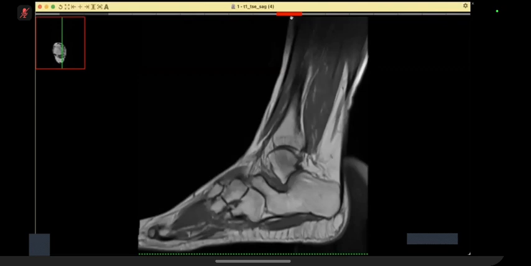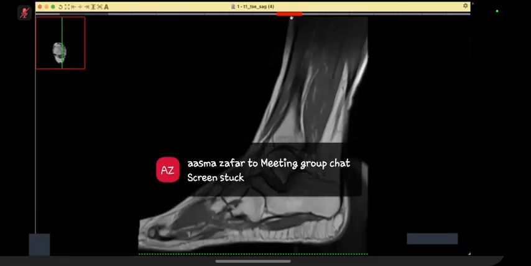Once you pick up talar beaking, you have to have a clear-cut concept of what kind of coalition will be visible on which view of plain films, and this is where they are going to start. So, key point is that for calcaneonavicular coalition, an oblique foot X-ray is the best.